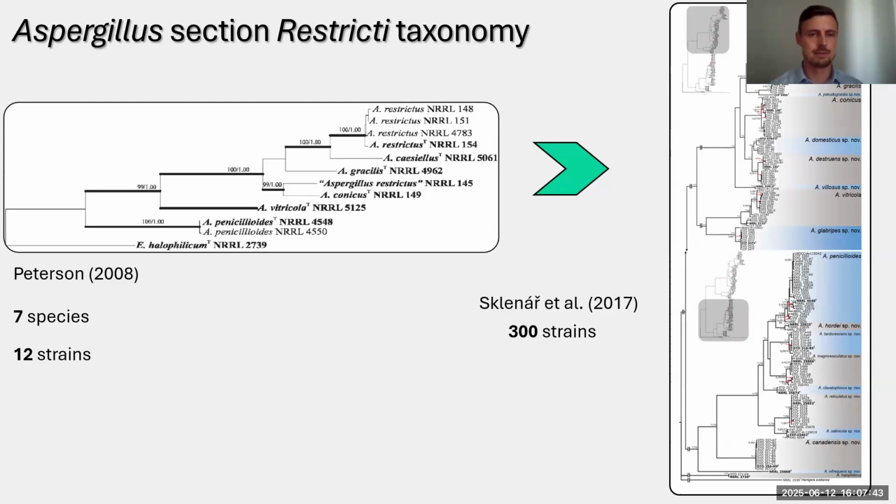There were 7 described species, but the last taxonomic revision included only 12 strains. And I got my data set of 300 strains, and I had at that time absolutely no idea where I should start drawing the species boundaries.